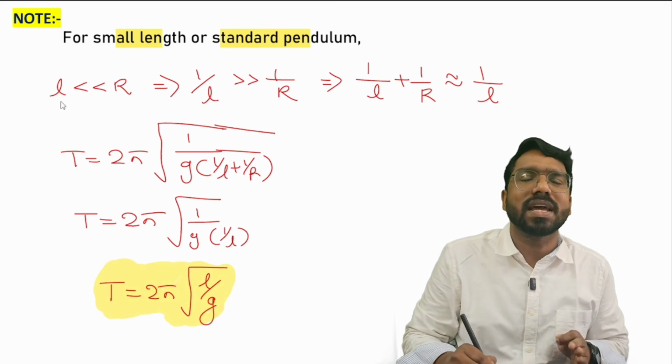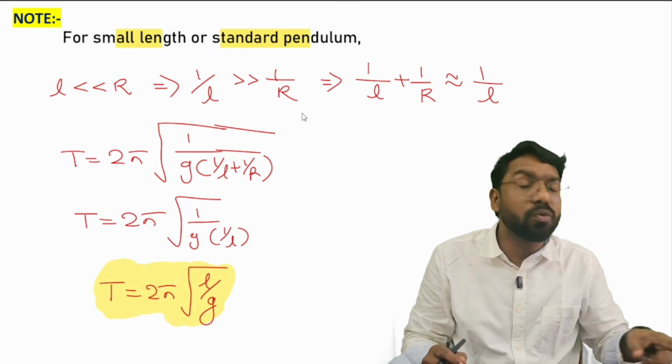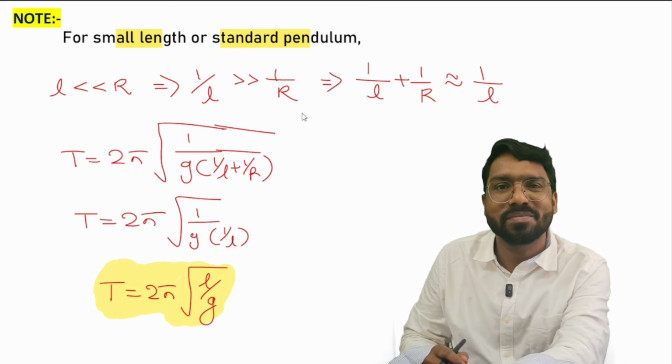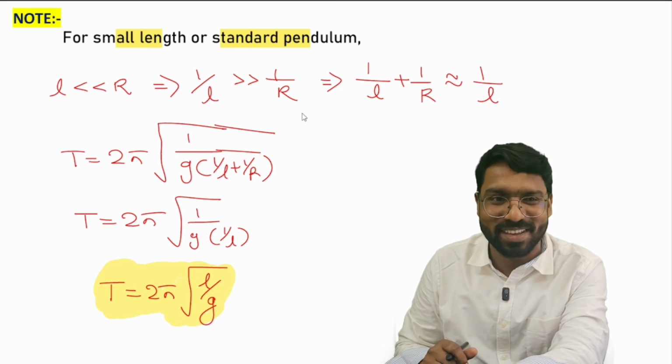This is the standard pendulum's time period formula that we already know, which we proved in 11th standard in the chapter oscillation, but not by this method.